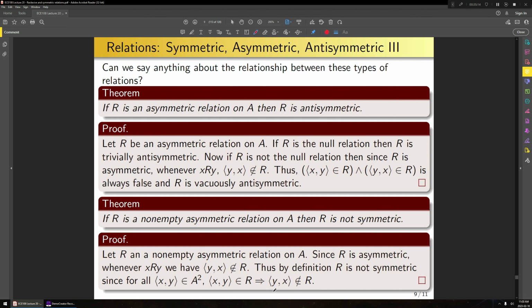The key idea here is that this is non-empty, so there actually is something here. If there was nothing there, then it would be trivially true via the fun that is vacuous truth. So that's where this breaks down.